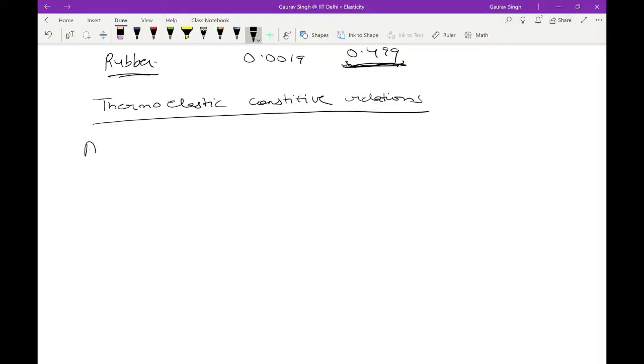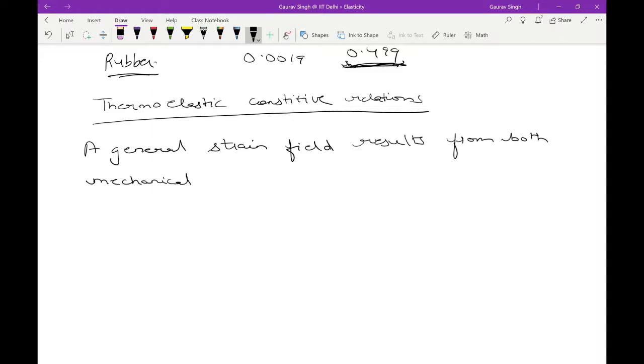A general strain field results from both effects.